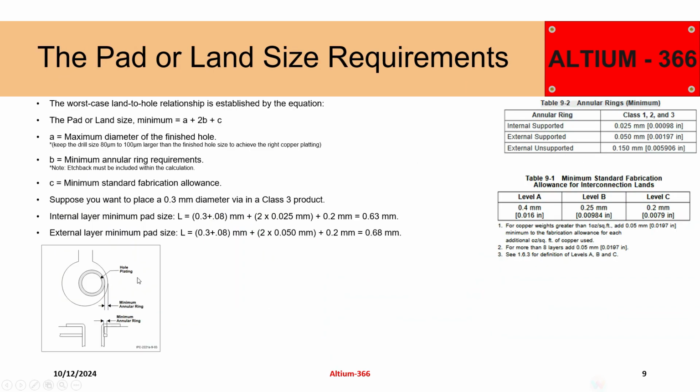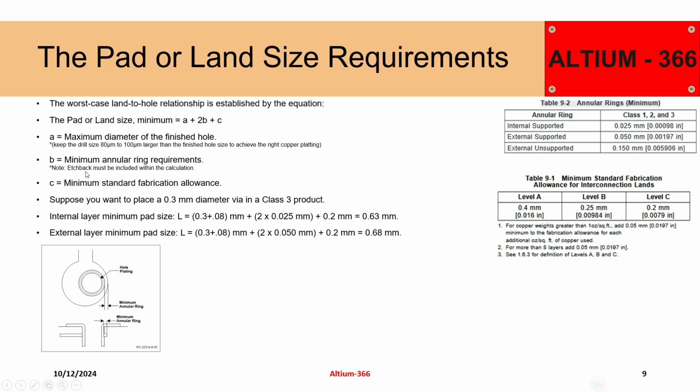So how can we calculate the pad size for, let's say, a 0.3 millimeter diameter via? There is a formula given in the IPC specification, and it says the minimum pad size is A plus 2B plus C, where A is the maximum diameter of the finished hole. Then B is the minimum annular ring requirement.